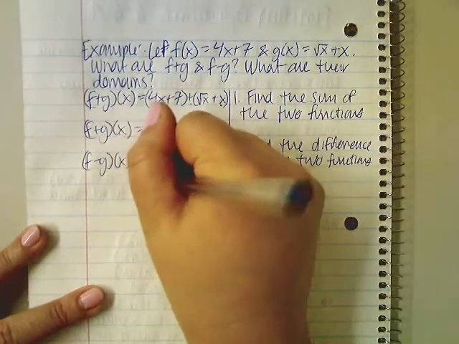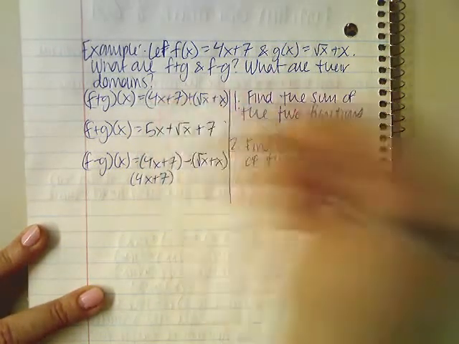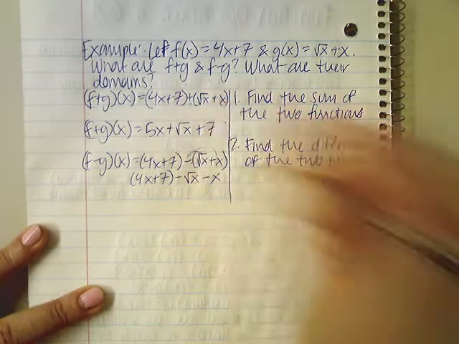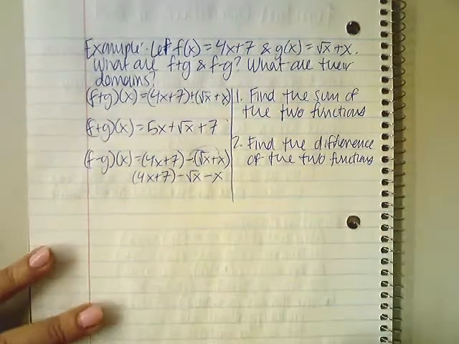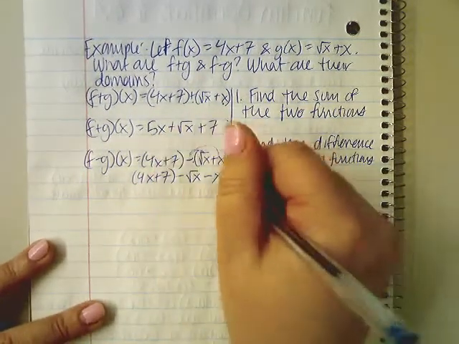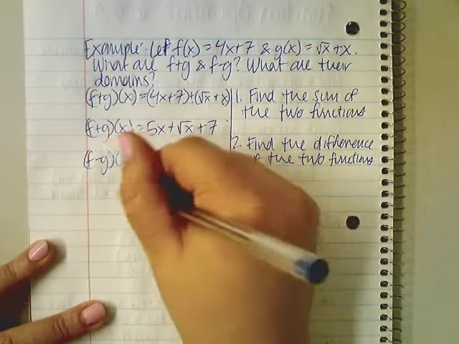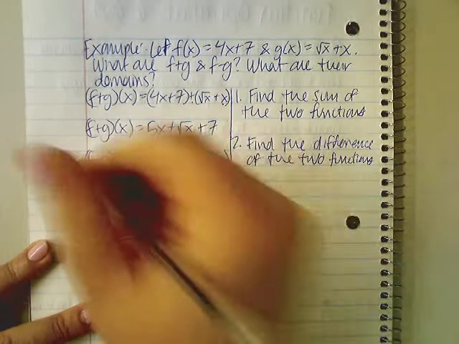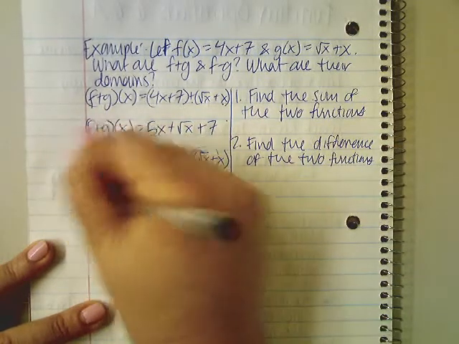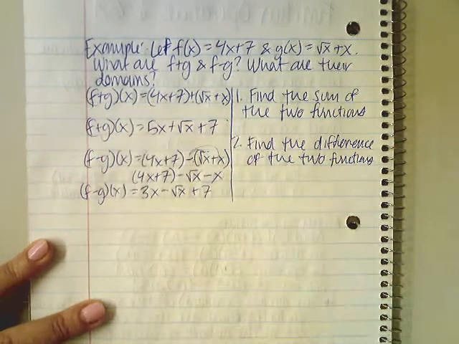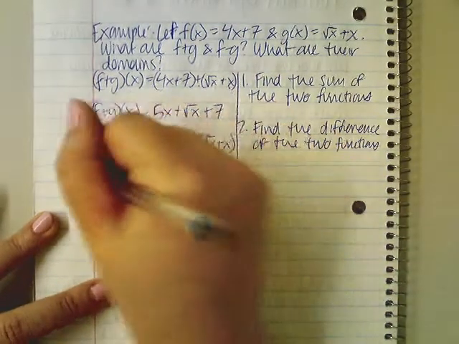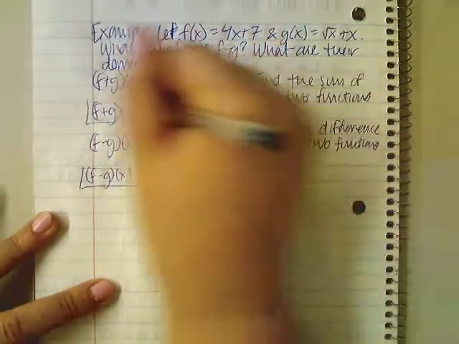So I get 4x plus 7, which I guess doesn't actually need to be in parentheses, minus the square root of x, and then I get minus x, because I distribute it to both parts of that expression. And then I combine my like terms, so I have a negative x and a 4x, which becomes 3x minus the square root of x plus 7, and that would be the difference of those two functions. So f minus g of x would be this. Sorry, I didn't box my last answer, but I'll go back and box both.